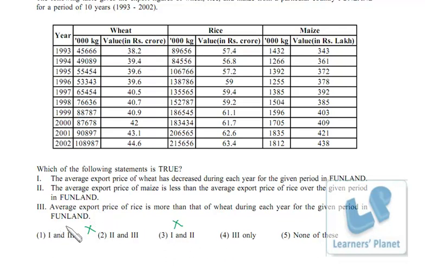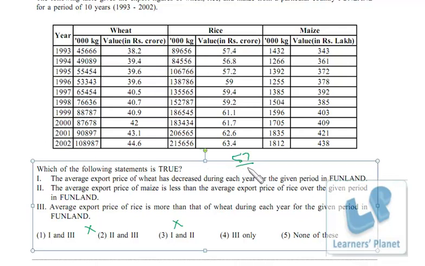Third is the only one we need to see. Average export price of rice is more than that of wheat during each year for the given period. Export price of rice, here it is 57 by 89 and here it is 38 by 45.